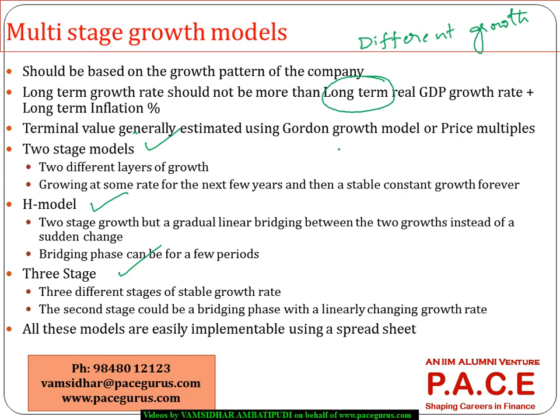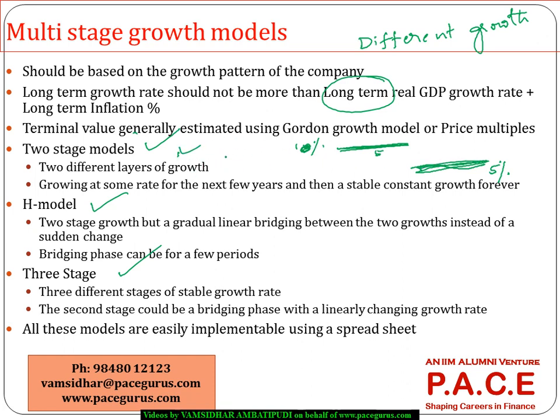Let's say the dividends are going to grow at 10% for the next 5 years, and after that stabilize to a long-term growth rate of 5%. This is a 2-stage growth model because we are talking about 2 different stages.